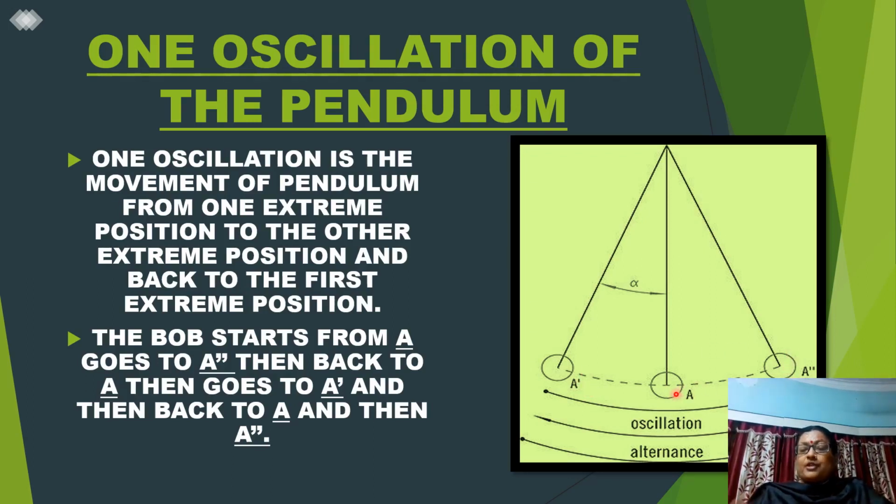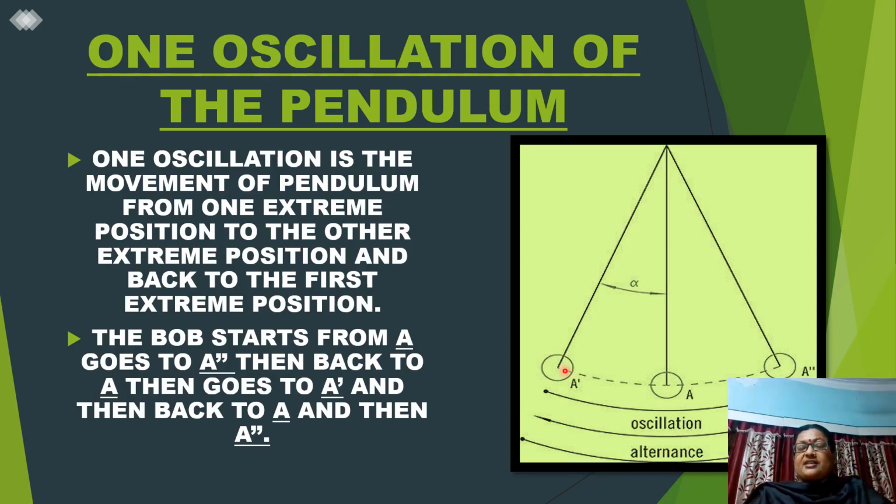Okay, now what is one oscillation for us? If the pendulum is here, you take it to this extreme side, that is at A dash, and leave it. From the mean, it goes to the extreme, then it goes to the other extreme, and then it comes back again to the first extreme. I will repeat.